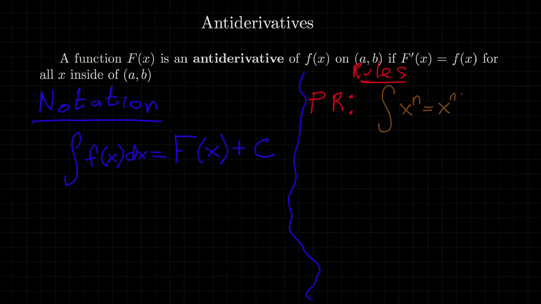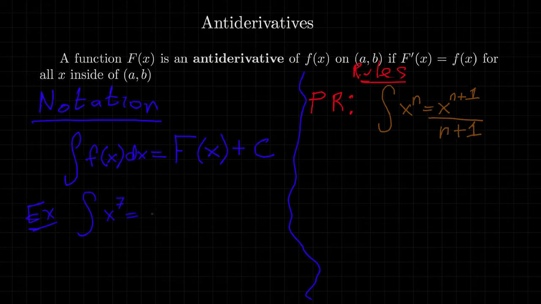So you're going to add 1 to the exponent, and you're going to divide by that same exponent. So, for example, we just did one that's similar to that, but let's say you want to find the antiderivative of x to the 7th.